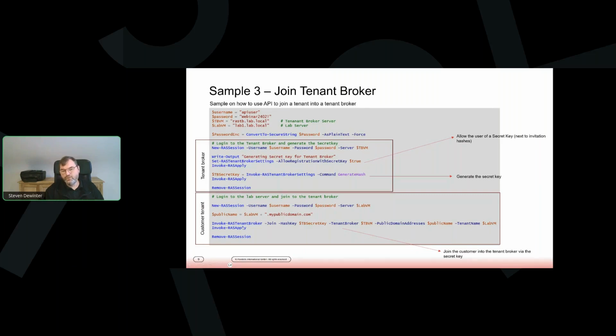So again, with 2 or 3 lines of PowerShell commands, we can activate the multi-tenant side, the tenant broker side, and we can join a customer tenant into a tenant broker. So as you can see, it goes pretty far, and it's pretty advanced what you can do with the PowerShell API.